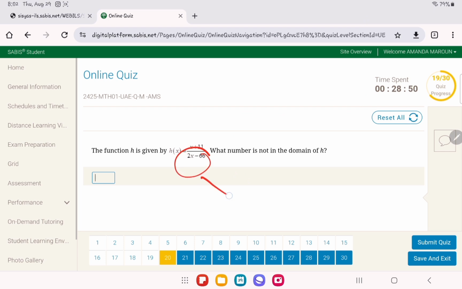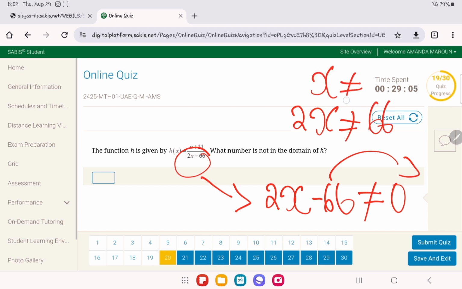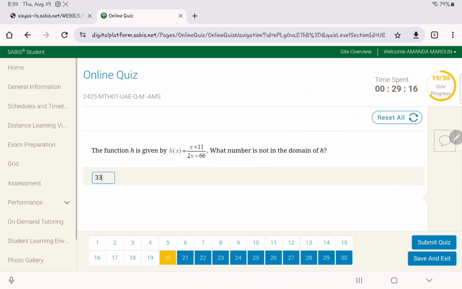Since this is the case, we take the 2x minus 66 and we make it different than 0. So we bring 66 to the other side. We're going to have 2x is different than 66. x is different than 33. So here what are they asking? They're asking what number is not in the domain of h. That means it is 33.